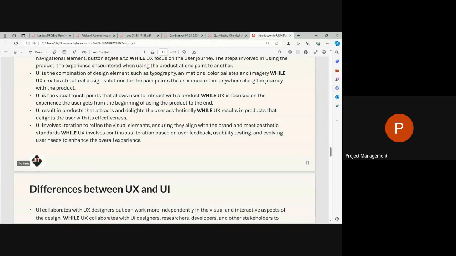What I mean by iteration is going back and improving on different things, changing some things, based on user testing or usability testing. You're not spoiling the design, you're improving it. While UX involves continuous iteration based on user feedback and usability testing, so that you can enhance the overall experience of the user.